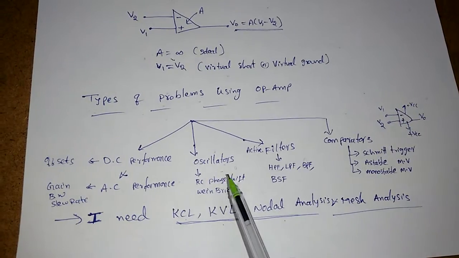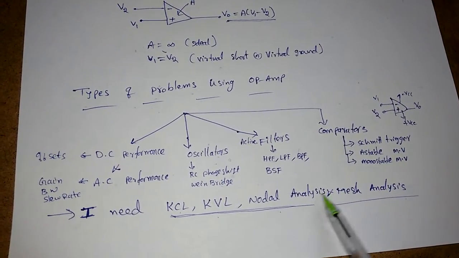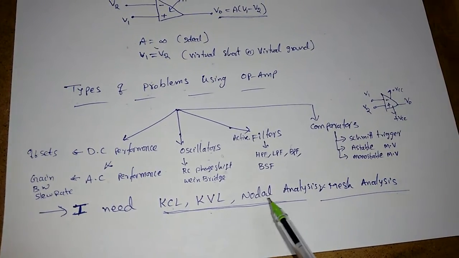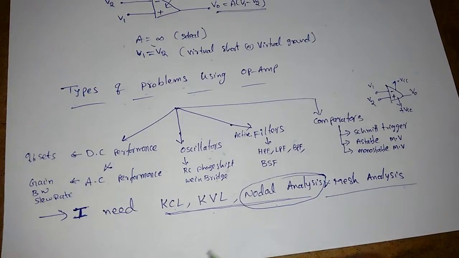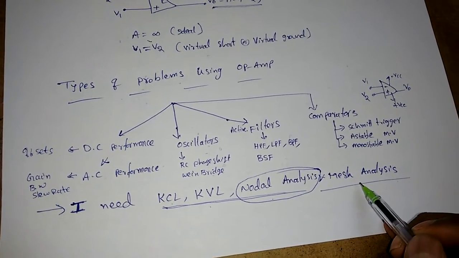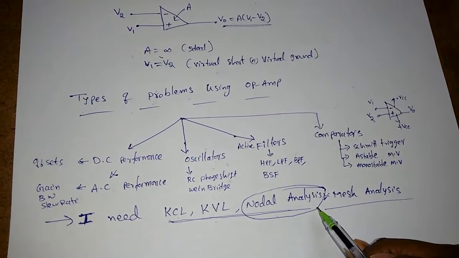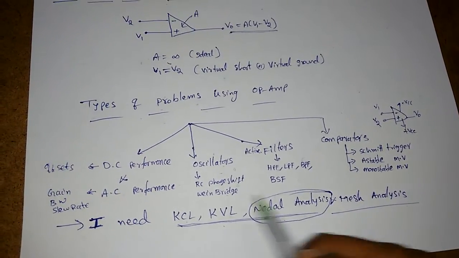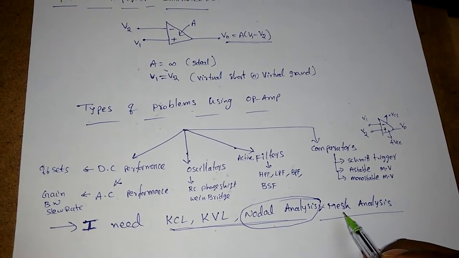Once we draw a small signal model of the op-amp, I need only these four. I cannot say all at a time, but mostly I will use nodal analysis, and sometimes mesh analysis. KCL and KVL are part of nodal analysis anyway. So I need these four concepts: KCL, KVL, nodal analysis and mesh analysis.